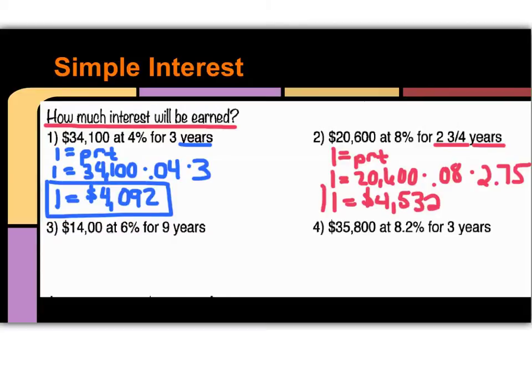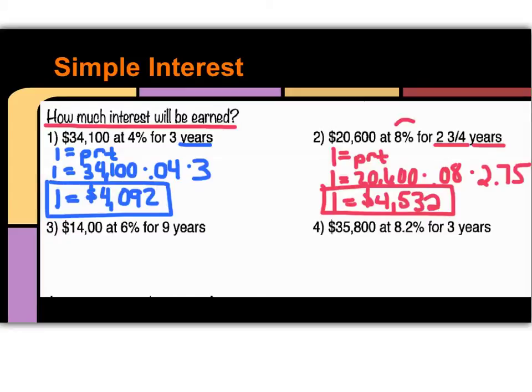$4,532. Now, you may look at the two problems we just did and say, well, why does this problem have a higher interest than the first one? We left it in there for less time, only 2 3/4 years versus 3 years, and the money was smaller. Why is that more?